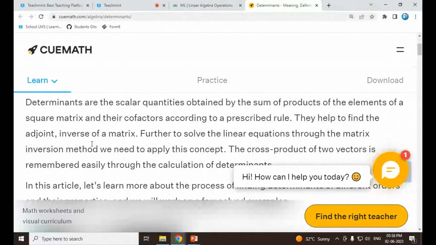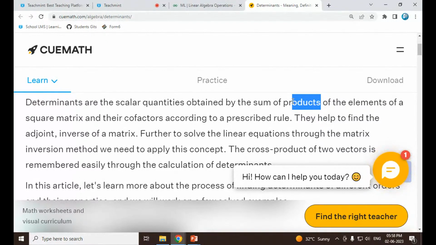Similar to matrices, determinants are scalar quantities obtained by the sum of products. Sum of products means when you multiply two numbers, you get one answer, and when you multiply another set of two numbers, you get another answer.